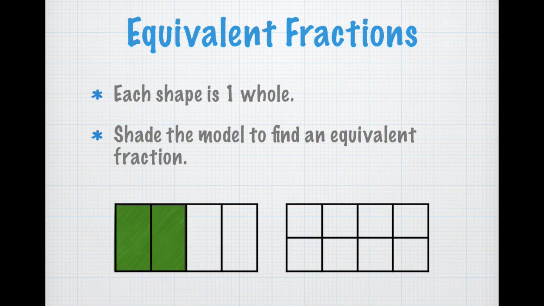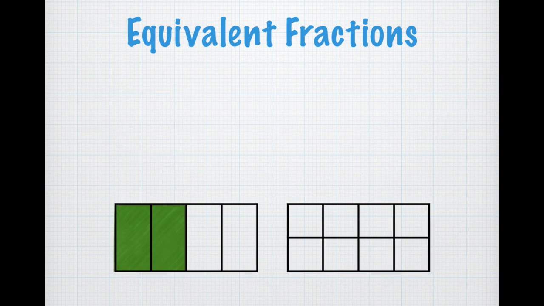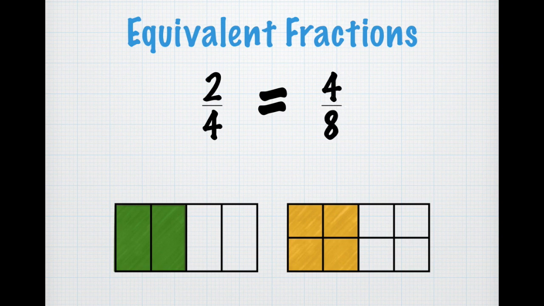So I want to have the same amount of the shape shaded. So I shade so that both models look the same. And in the green, I have 2/4, and that's equal to my yellow. I shaded 4 of the 8 pieces, so it's equal to 4/8.